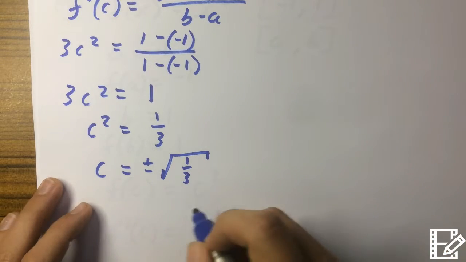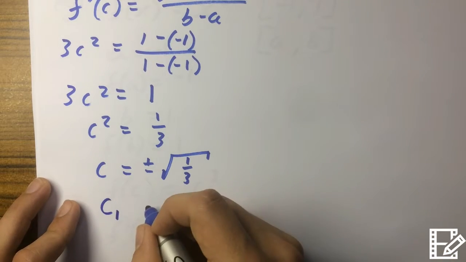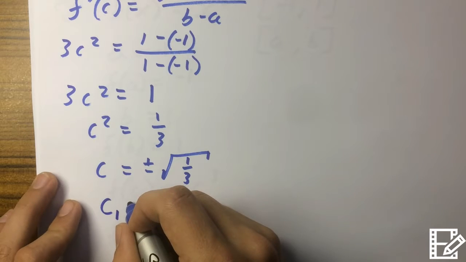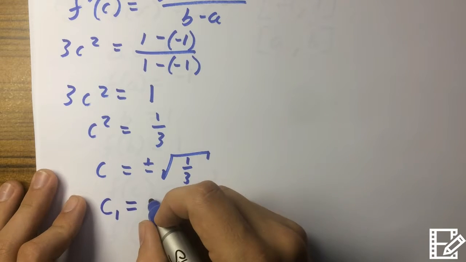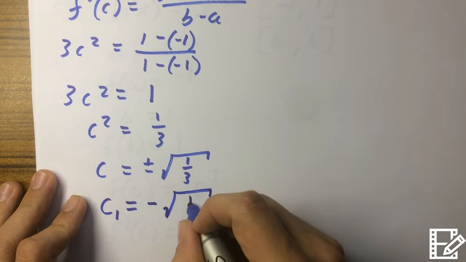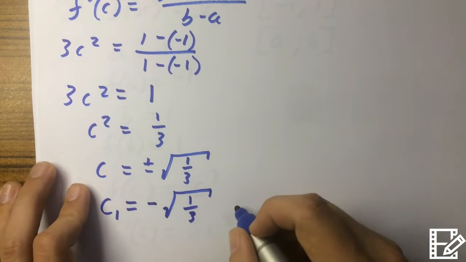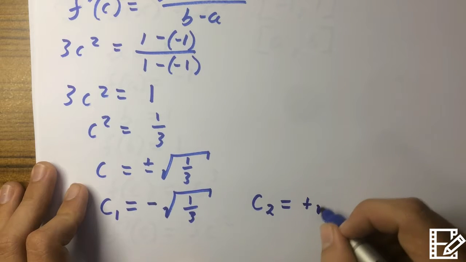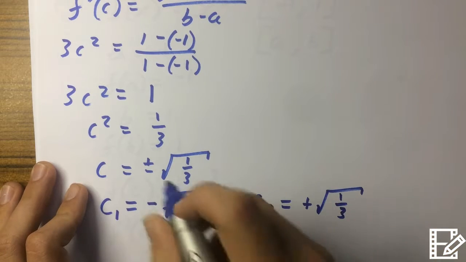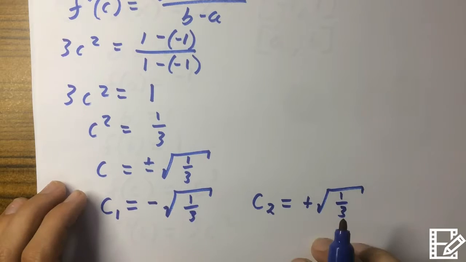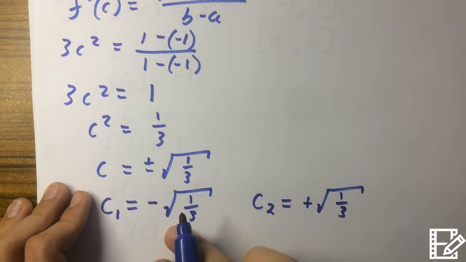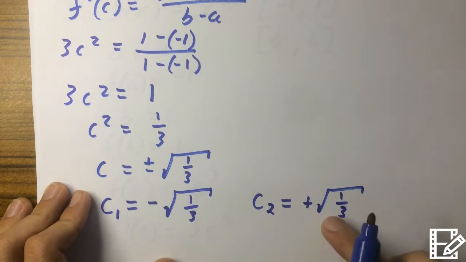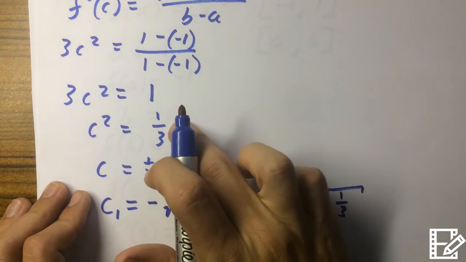Anyway, so that means that one of the values, we'll say c1, is equal to the negative square root of 1 on 3, and the other value, c2, is equal to the positive square root of 1 on 3, because there's two values. If we squared this value, we would get 1 on 3. If we squared this value, we would also get 1 on 3.